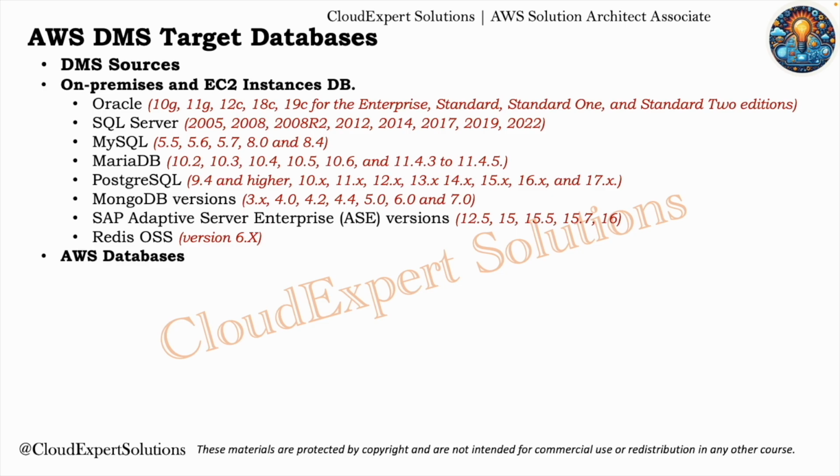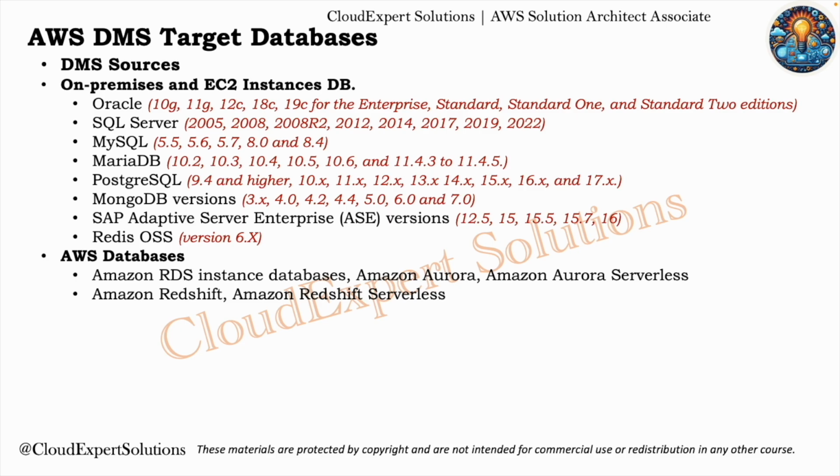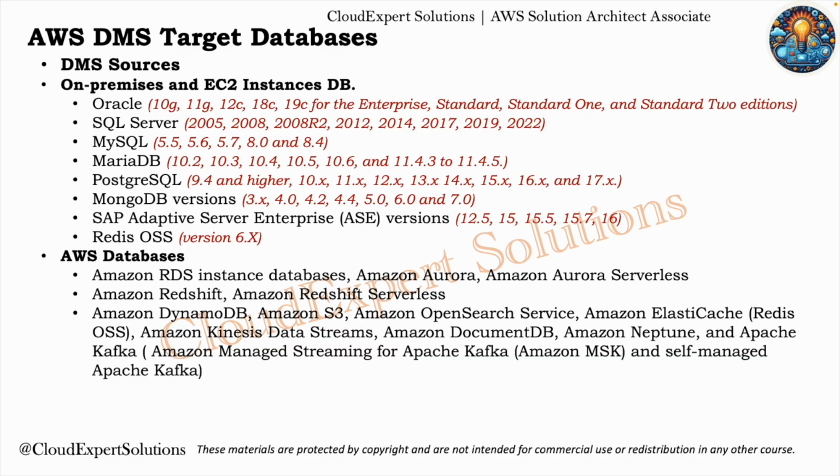Moving to AWS databases, it can have Amazon RDS, all database engines including Amazon Aurora and Amazon Aurora Serverless, then Amazon Redshift and Amazon Redshift Serverless, followed by a wide variety of AWS database services like Amazon DynamoDB, Amazon OpenSearch Service, Amazon ElastiCache, Amazon Kinesis Data Streams, Amazon DocumentDB, Amazon Neptune, Apache Kafka, including Amazon Managed Streaming for Apache Kafka or Amazon MSK, and also self-managed Apache Kafka.